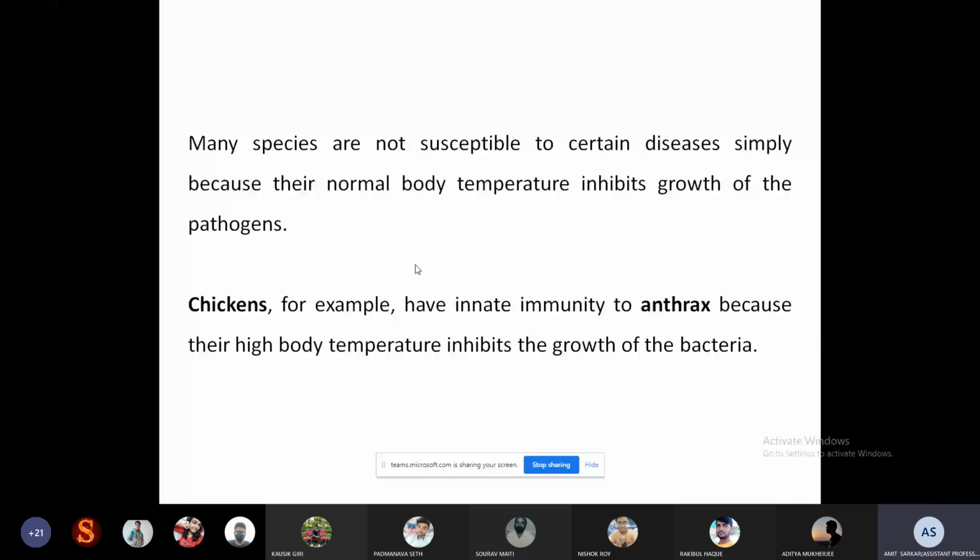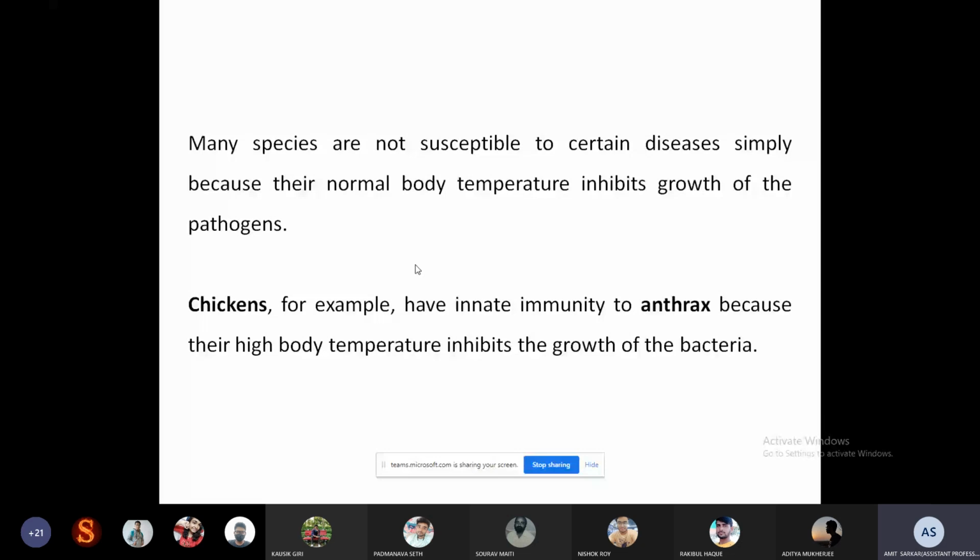So here, body temperature, one physiologic parameter, is helping the chicken gain immunity against the anthrax bacteria. That's the generalized way that many species are not susceptible to certain diseases simply because their normal body temperature inhibits the growth of the pathogen.